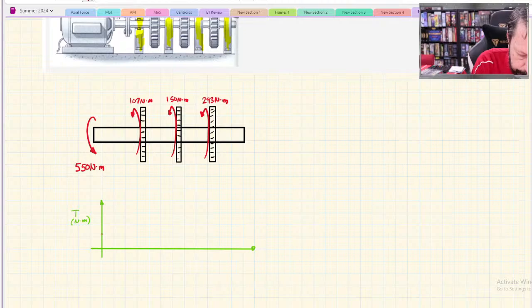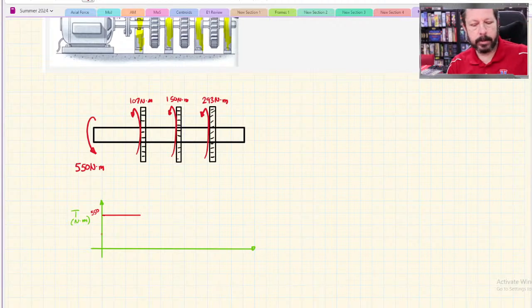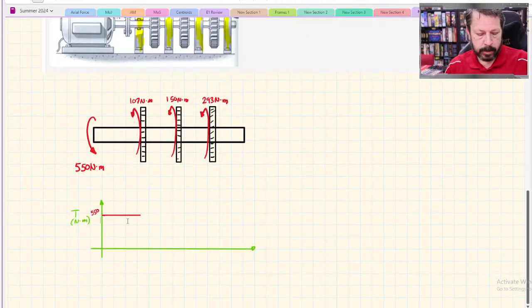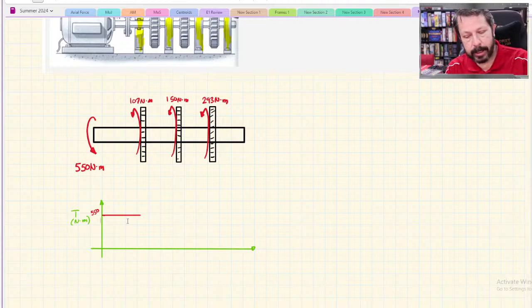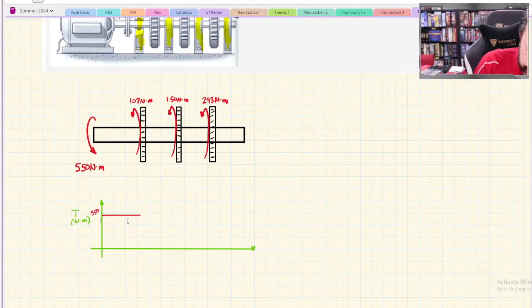So 200, 400, 550, kind of right there. And there's no change in our torque until we get to that first gear C. And I've got 550 and I gave it a positive sign. So this direction arrow, the 107, is minus. So I would drop down to 393. So that would be kind of right in there.